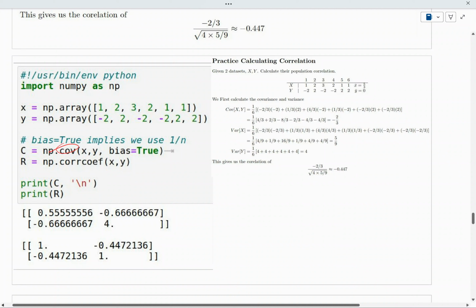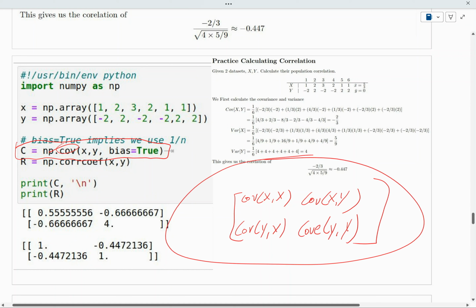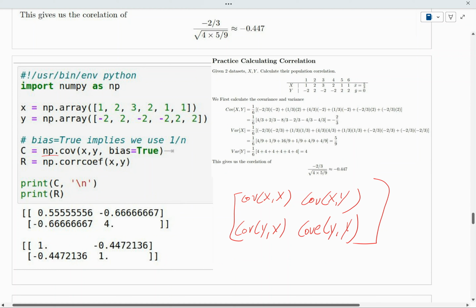So when we are trying to calculate the covariance of x and y, it generates a matrix where you have covariance of xx, covariance of xy, covariance of yx, and covariance of yy. That's why you have a matrix, because it automatically generates every combination for you. The similar idea follows for correlation. It also gives you a matrix because it essentially scales each one of them for you.